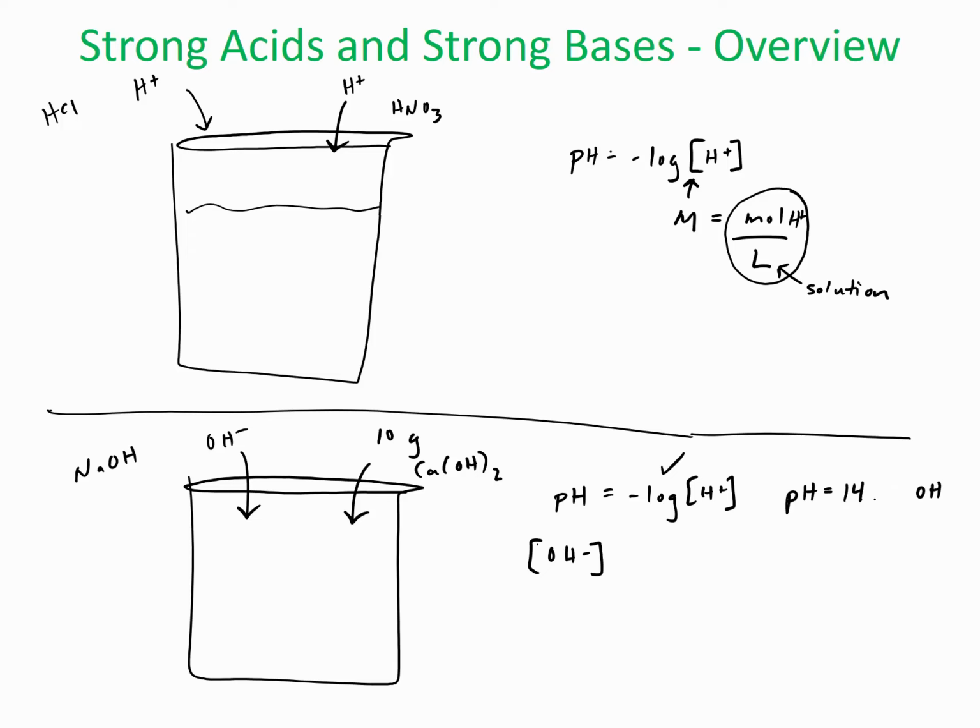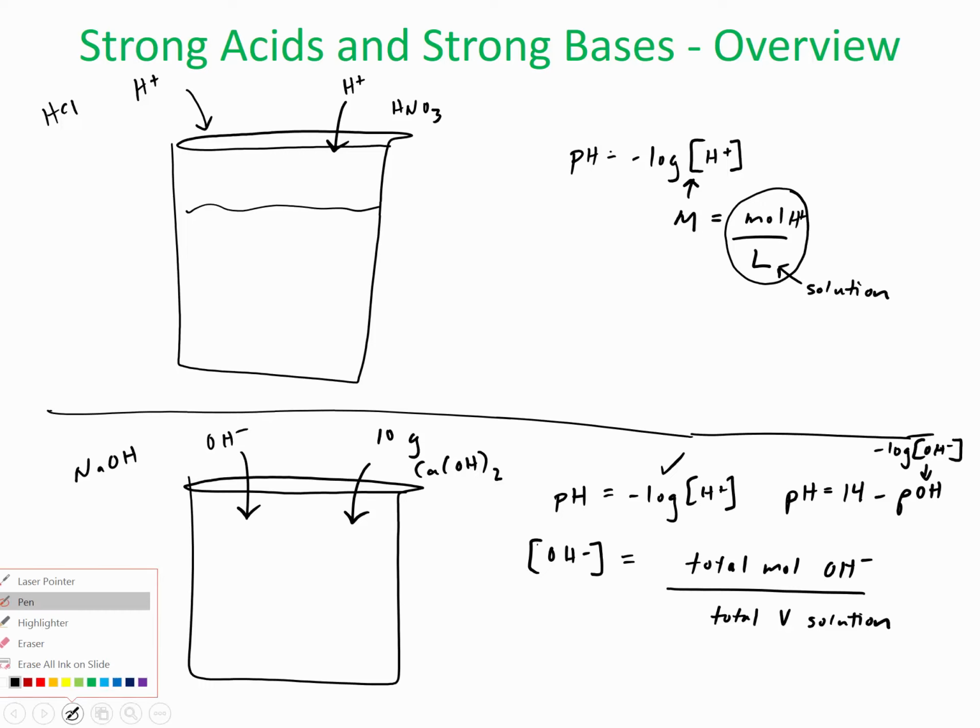And then the pOH is going to be the negative log of the hydroxide concentration. So the key to doing this problem is to get the moles of this and then the moles provided by this, so that we'll have our total moles of OH divided by the total volume of solution.